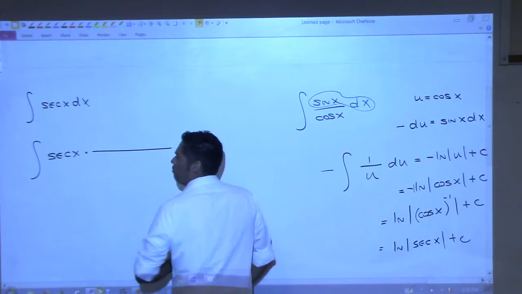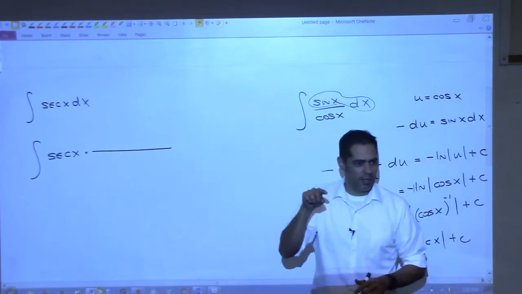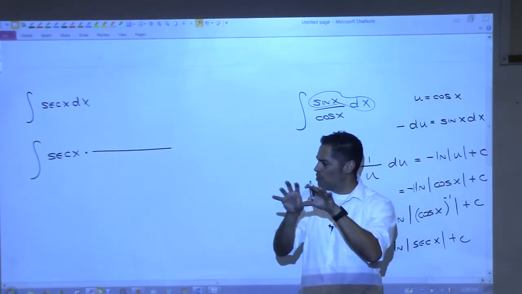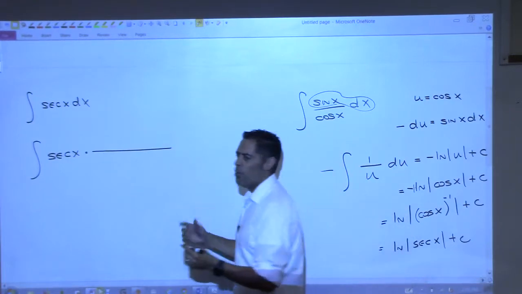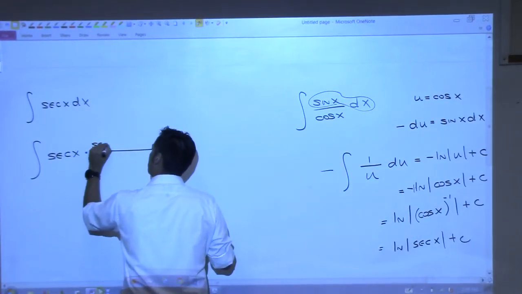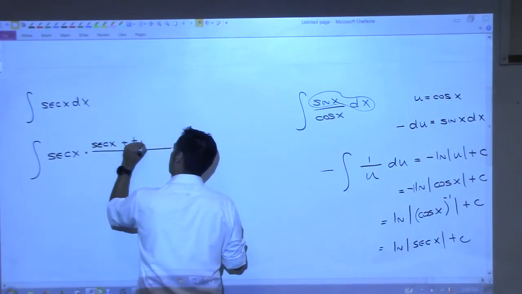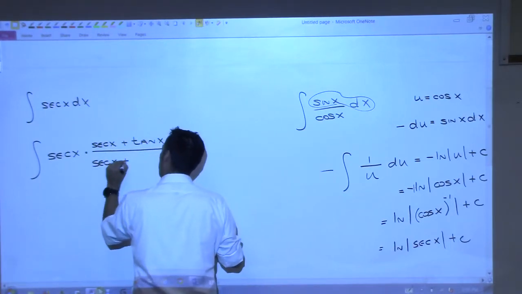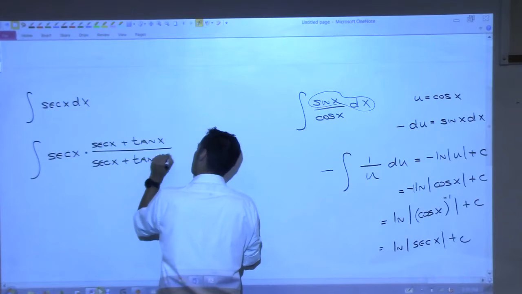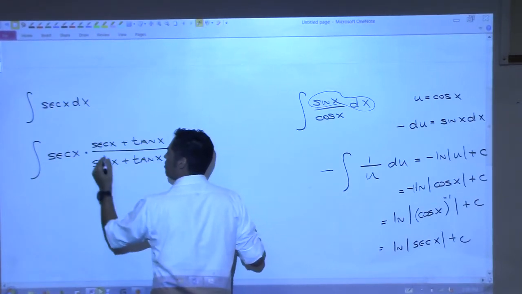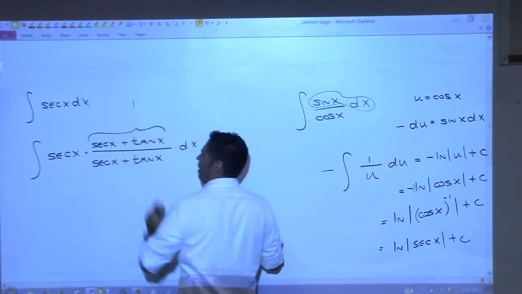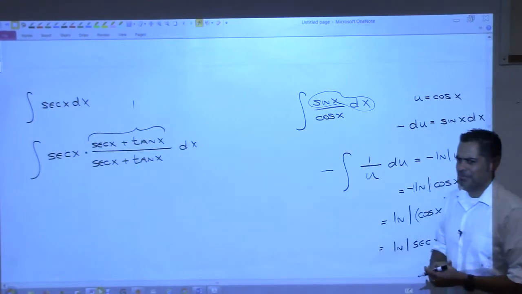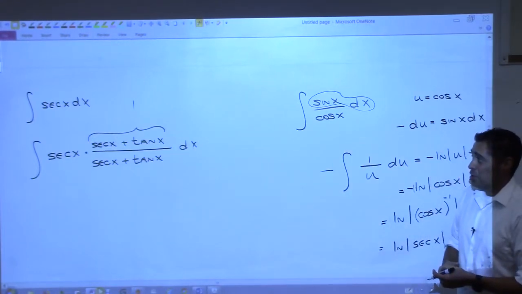They realized a hidden 1 right here, that there's a 1 next to it. Like next to everything multiplied is a 1, yes? Here's the 1. Secant x plus tangent x over secant x plus tangent x. What? So they just realized this right here is 1, right? Do you agree?